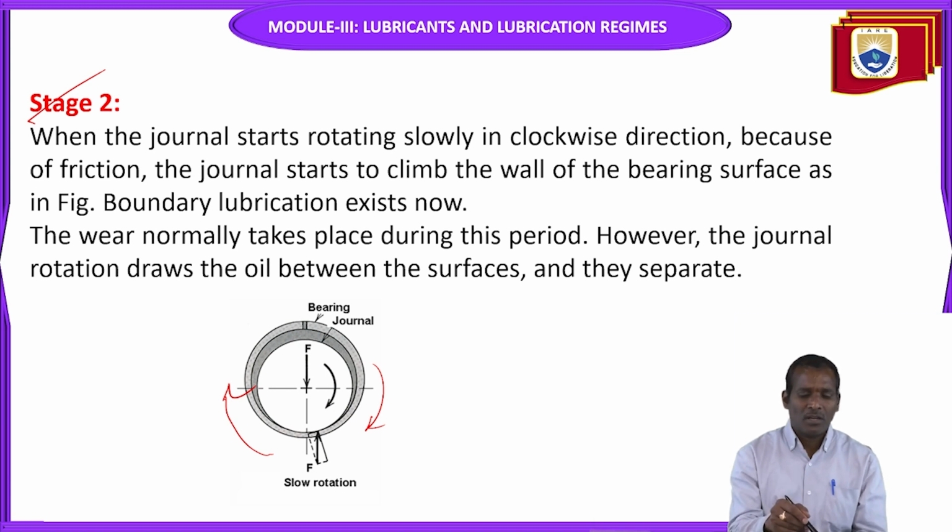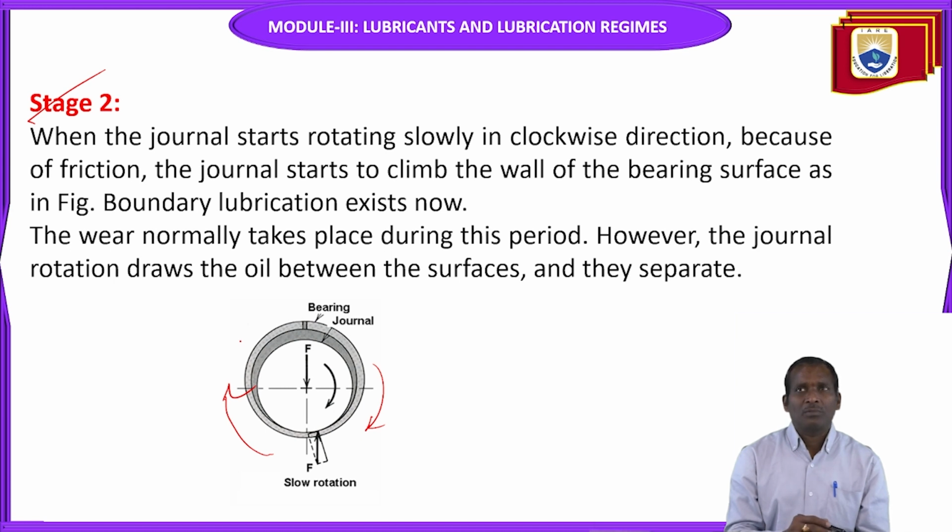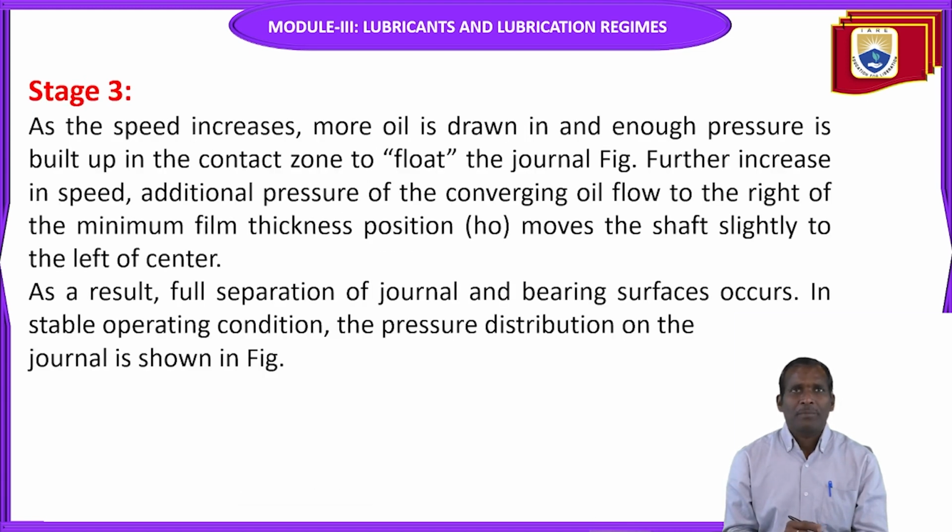So slowly, in the first stage there is metal to metal contact, and in the second stage the journal starts slowly rotating in a clockwise direction. So what will happen? The journal slowly climbs the wall of the bearing surface, and then there is a gap between the journal surface and bearing surface, and immediately the oil fills in between these two surfaces, and then they again separate. And stage 3, as the speed increases, you keep on increasing the speed.